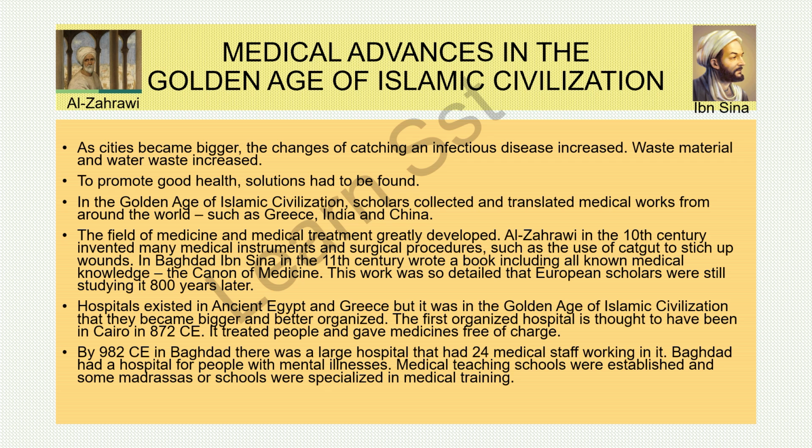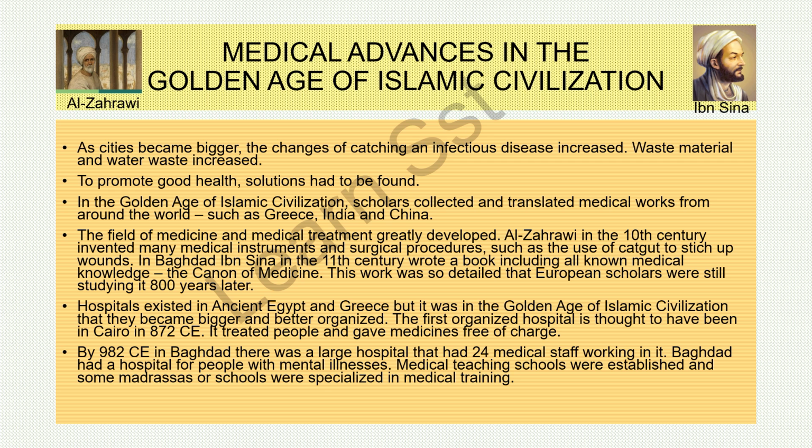To promote good health, solutions had to be found. In the golden age of Islamic civilization, scholars collected and translated medical works from around the world, such as Greece, India, and China. Why is it called a golden age of Islamic civilization?